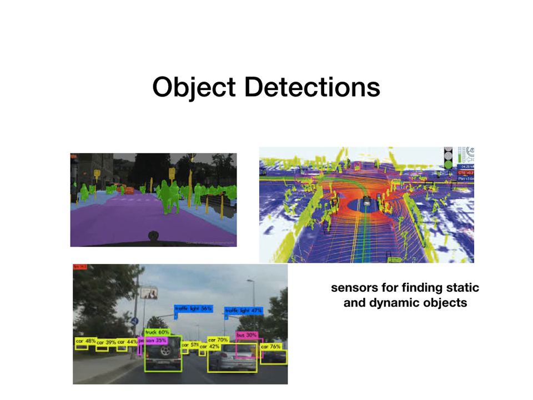So these are the kinds of input information generated by those sensors. Now we have two types of objects.